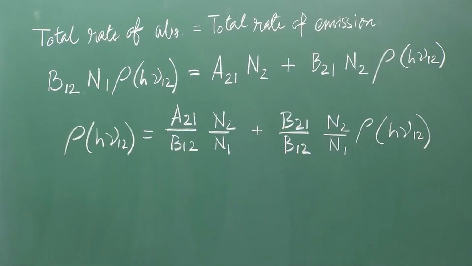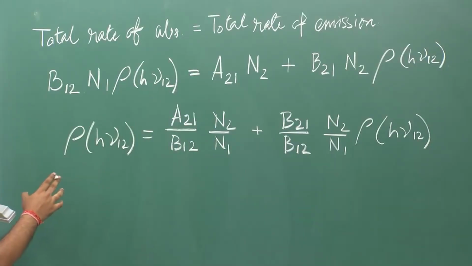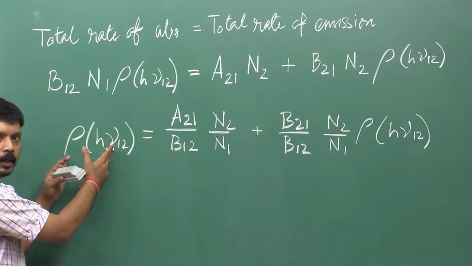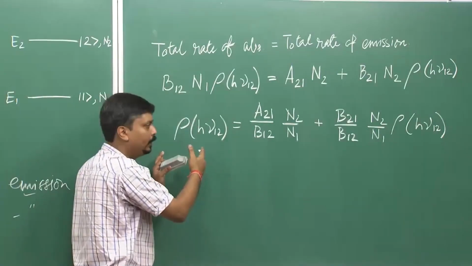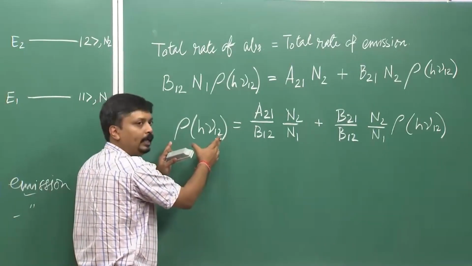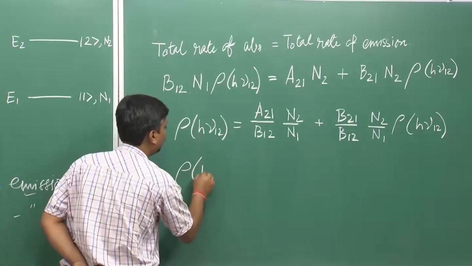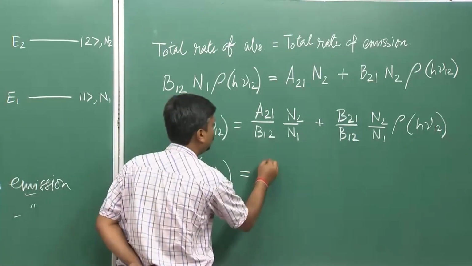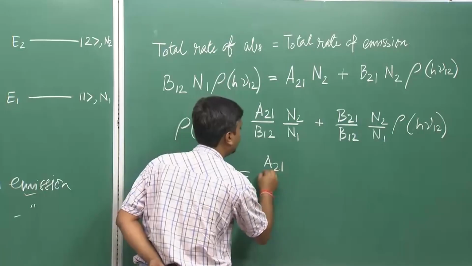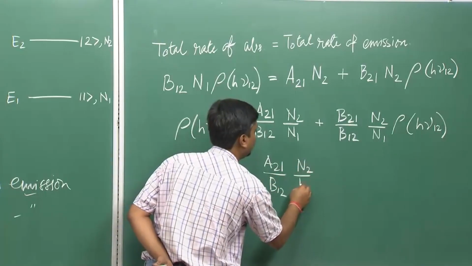Now what we need to do is take this part on the left side, because both of them have this term rho, and take this rho outside, so that we can get a final expression for rho. If I do that, rho will be equal to A21 by B12 multiplied by N2 by N1.